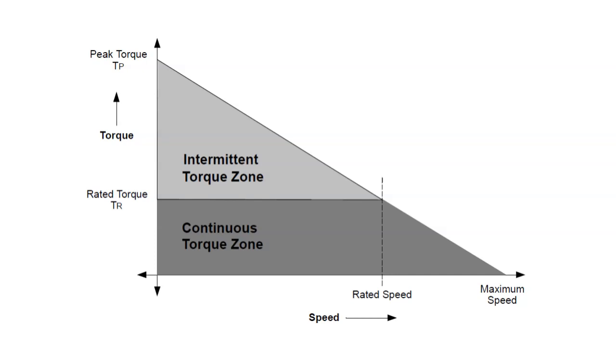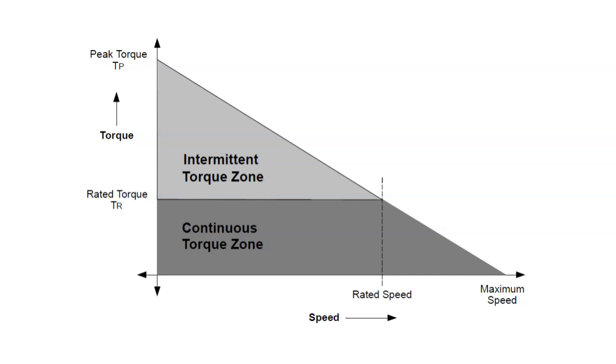Applications that have frequent starts and stops and frequent reversals of rotation with load on the motor demand more torque than the rated torque. These requirements come for a brief period. Actually, we need the peak torque for a very brief period. Okay, it's an important issue. If you select a high torque motor for your electric vehicle, probably this will be over design.